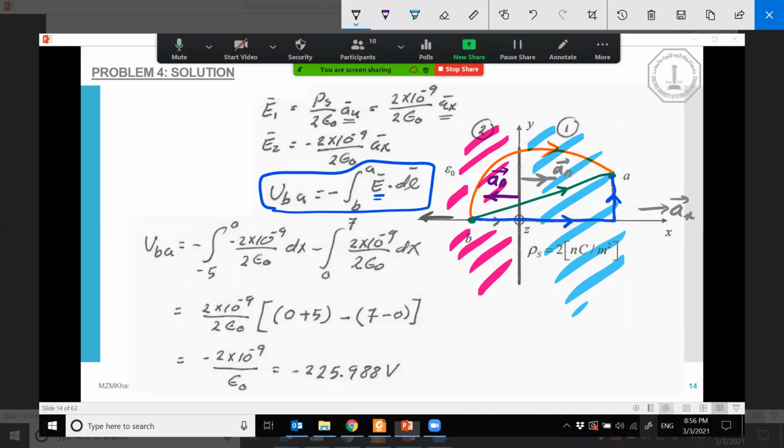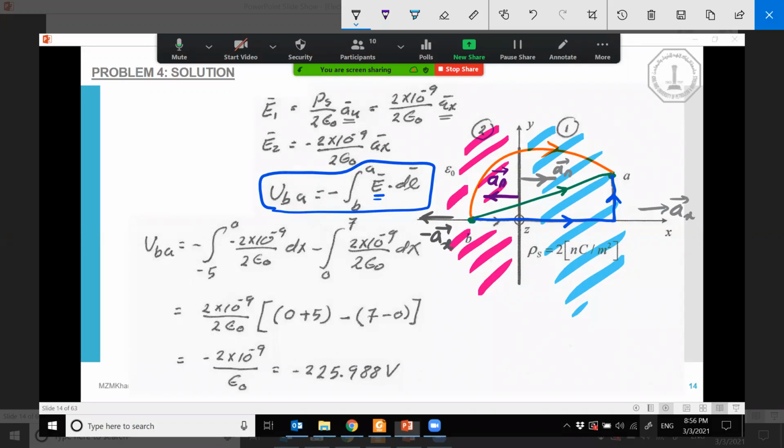What is this direction? Minus AX. Therefore, in this magenta or pink region, your normal is minus AX. So your E2 will be minus, the magnitude will be the same, AX. Here the electric field magnitudes are the same, but the directions are different. Here, the electric field is in this direction, and here, the electric field is in this direction.